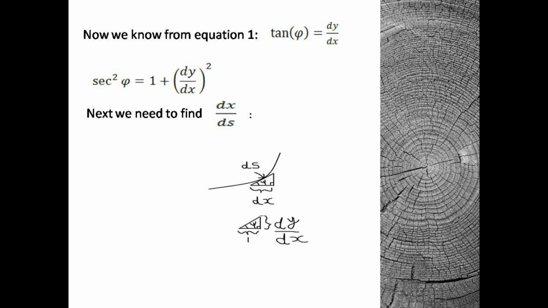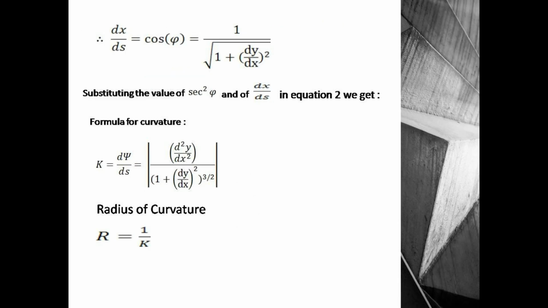Now we can get the value of cos psi from this triangle. Therefore, dx over ds is equal to cosine of psi, which is equal to 1 over square root of 1 plus dy by dx whole square. Substituting the value of secant square psi and of dx over ds in equation 2, we get the formula for curvature.